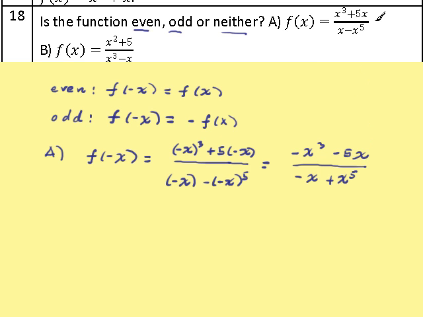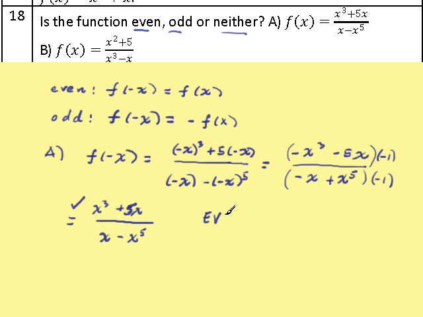At first glance, this doesn't look like the original, but if we multiply top and bottom by minus 1, and you're allowed to multiply numerator and denominator of a fraction by the same number, we end up with the original. We end up with x cubed plus 5x over x minus x to the fifth. So we'll say, yes, this one's even.